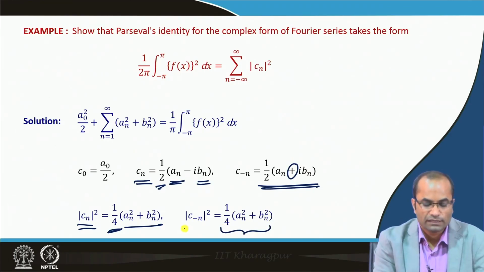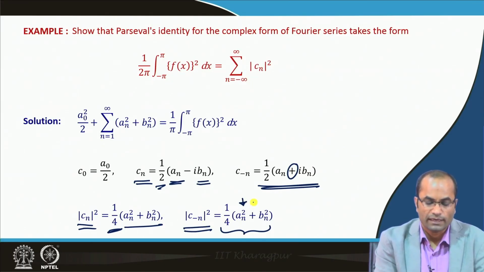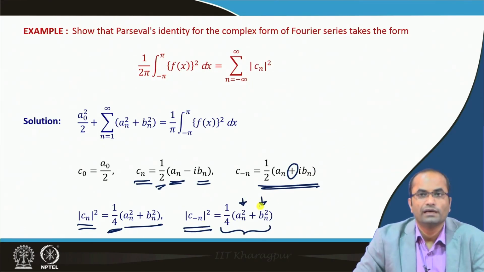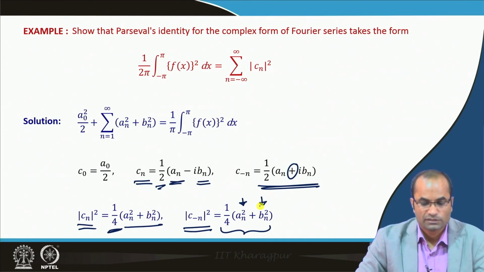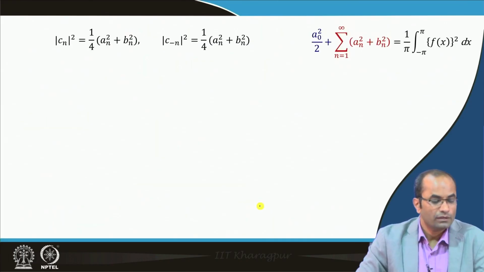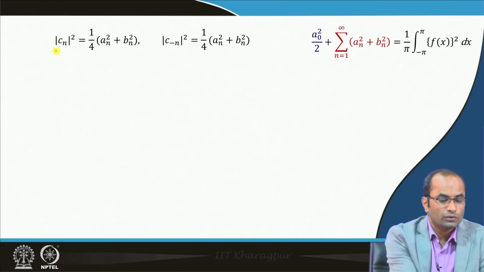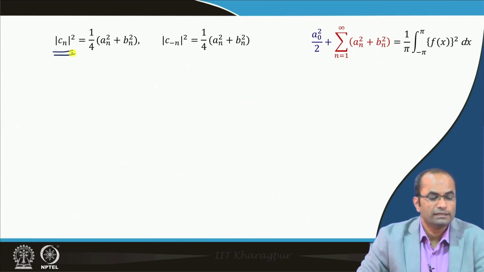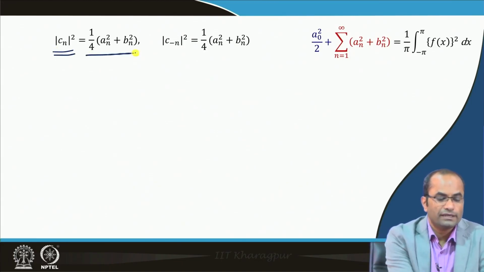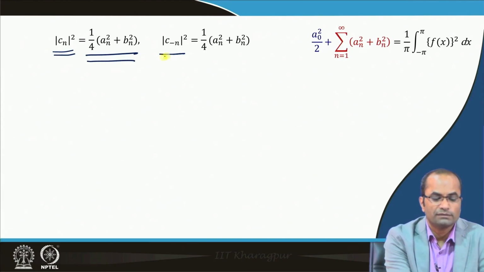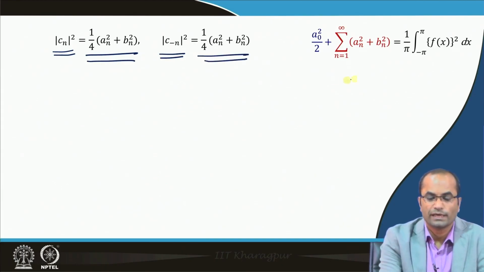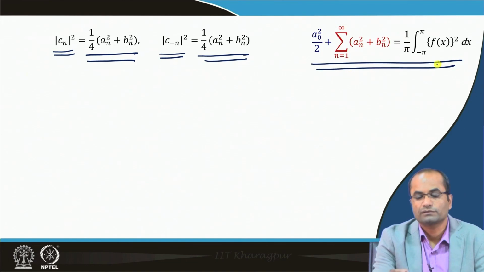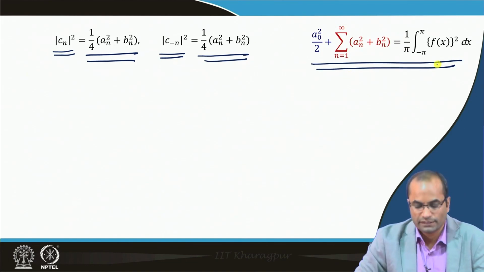So, again for C minus n, modulus square will be 1 by 4 of A n square plus B n square. Well, so this C n square is half A n square plus B n square, and C minus n square is also the same, and we have this traditional form of Parseval's identity in hand.